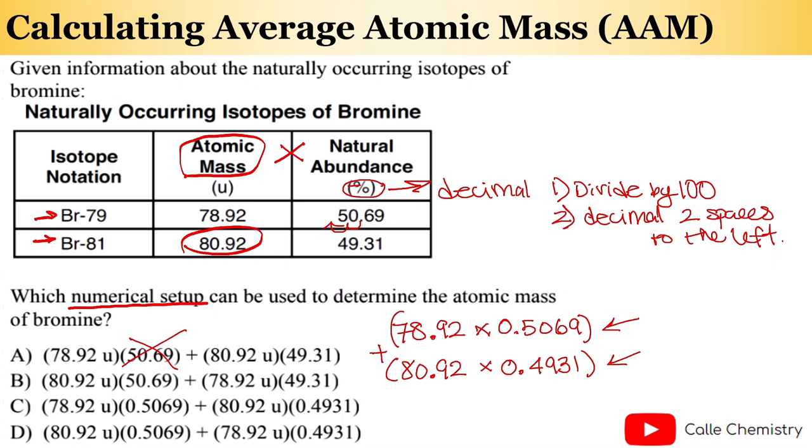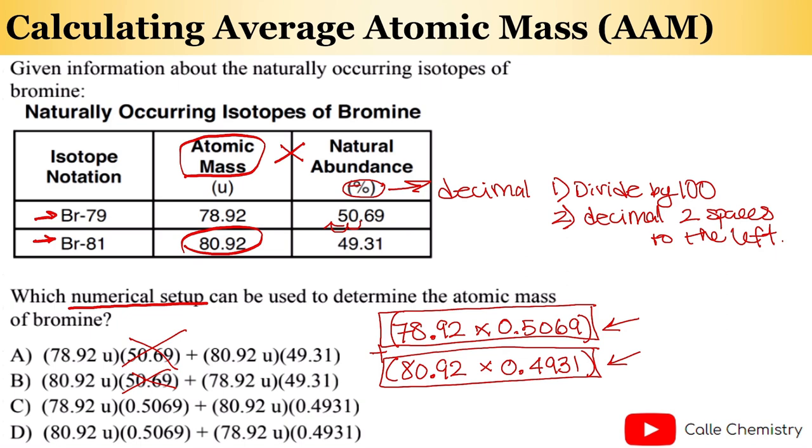So now what B is doing is mixing up the isotopes, which is not what you're supposed to do. You're supposed to separate the isotopes by the plus sign. In other words, what I have here represents one isotope. What I have here represents another isotope.